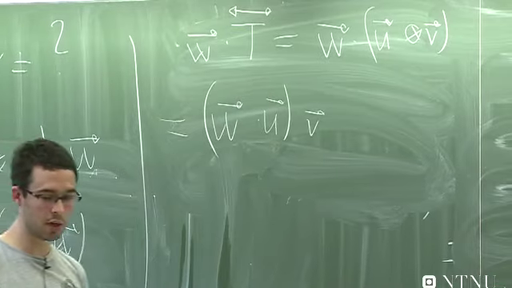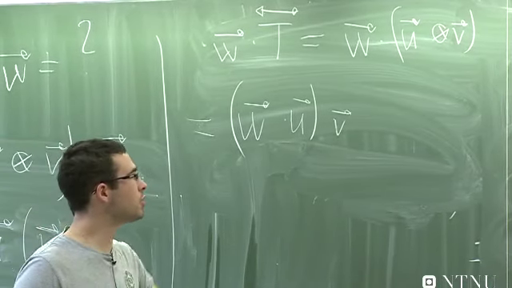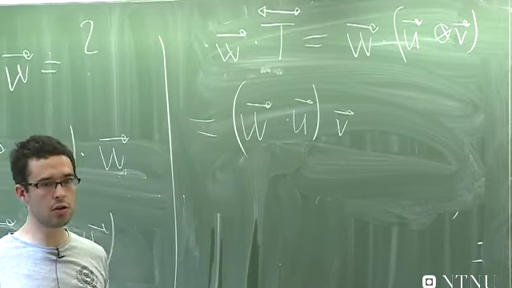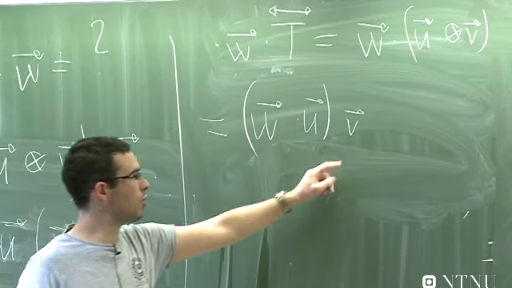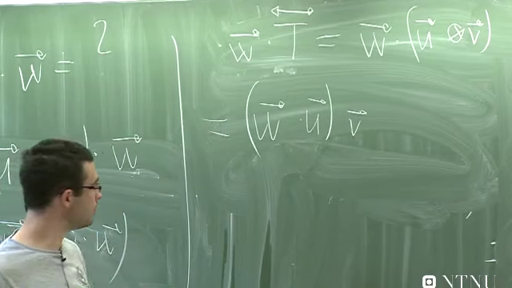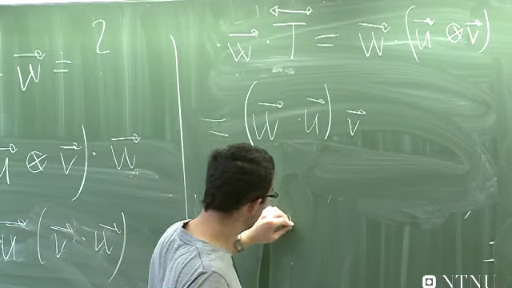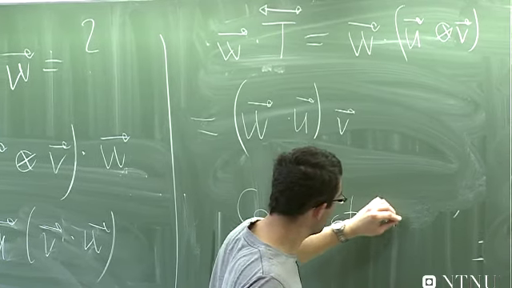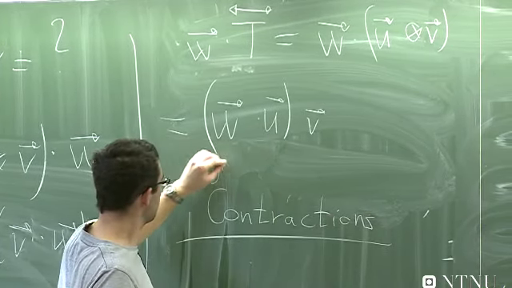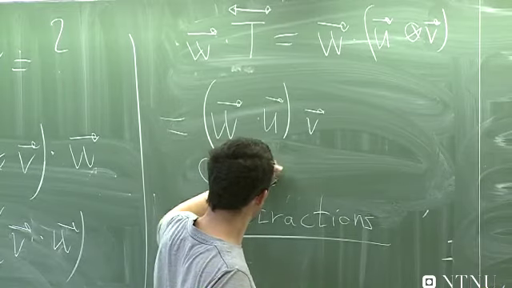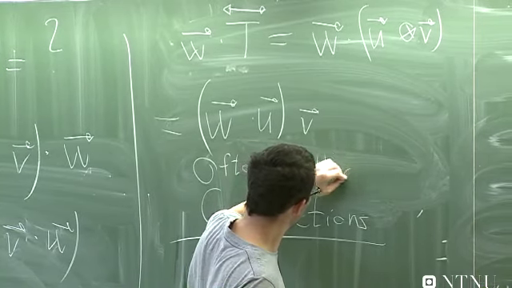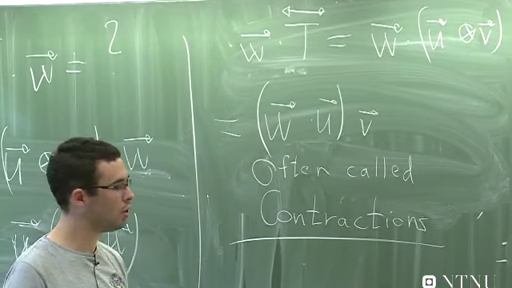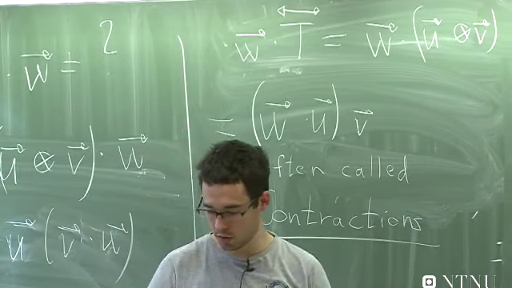And these two results are examples of what we call contractions, because I start out with a rank 2 tensor and a rank 1 tensor, and I end up with just a rank 1 tensor. Contraction is basically that we have some sort of loss of indices on the tensors.